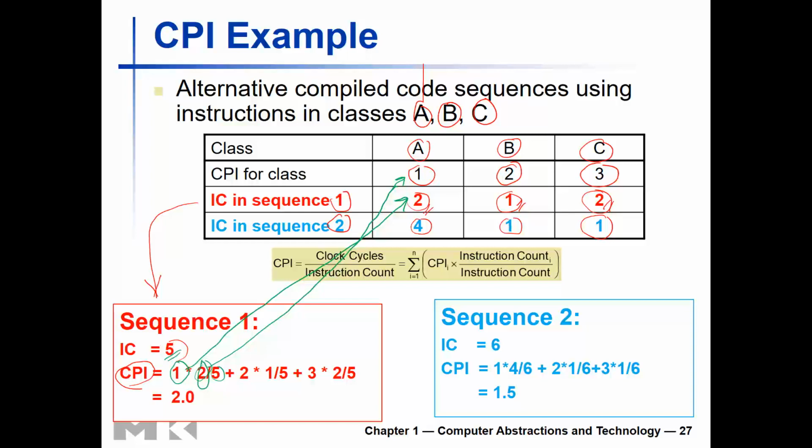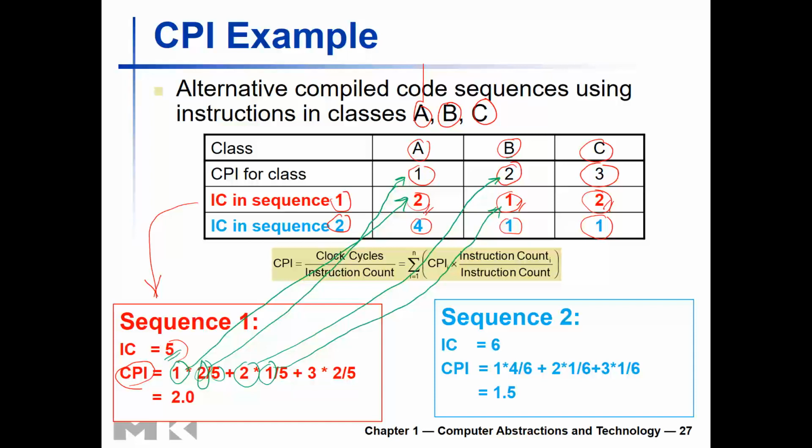Then I have a CPI of 2 from class B, where I have 1 instruction out of 5. Let me restate this again.